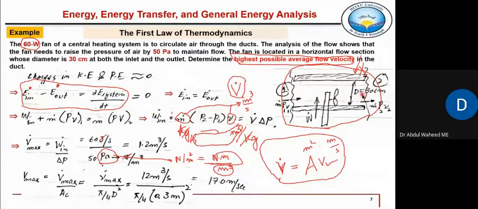When the diameter is given, we can find out its area, pi by 4 d square, the cross-sectional area across which this fluid is flowing. The fluid is flowing across this cross-sectional area. So that's why this area is calculated from this given diameter, right? It is a circular duct; if it were some other duct, like a rectangular or square duct, then its area would be calculated from its sides.